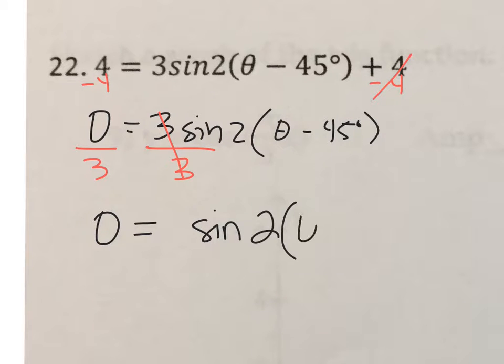Sine of 2 times this angle. And now, I know it's tempting to want to get rid of the 2, but that's not what we do. Right now, we want to get rid of the sine. Sine is the next thing to get rid of, and you get rid of sine by using the inverse sine. We inverse operate both sides.